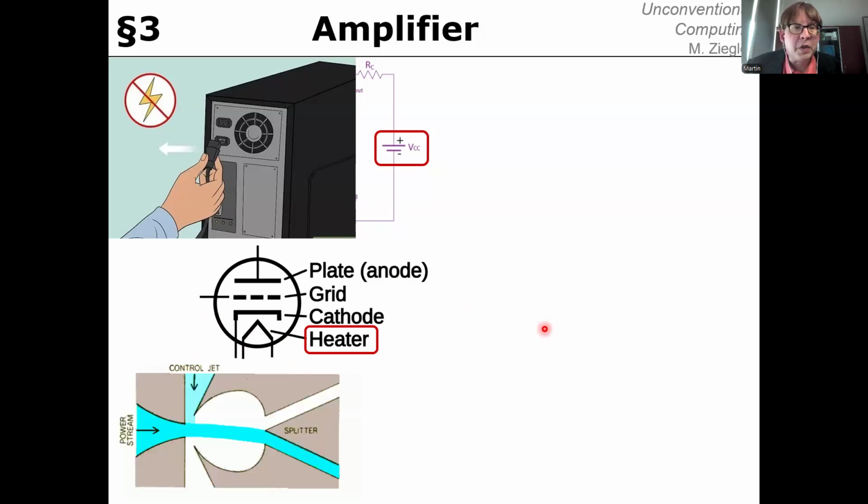When we discussed liquid computers, we considered this pressure amplifier. There's a control jet with low pressure, and there's a power stream with high pressure, and the control jet going from up or from down changes the direction of the power stream in this or this way, and thus amplifies the power of the control jet by combining it with an external power stream, right?